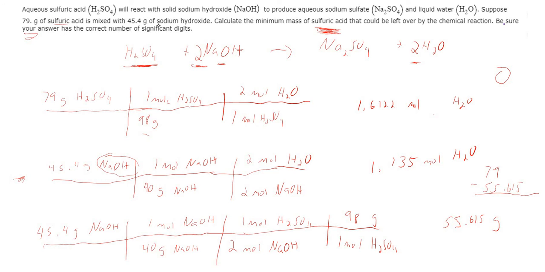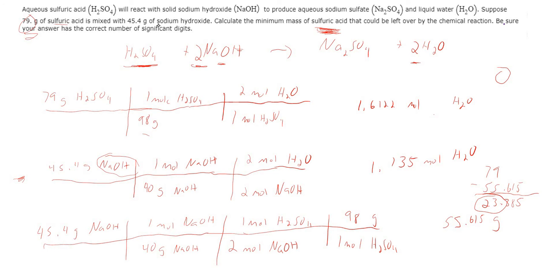I have 79 minus 55.615 equals 23.385. And when I account for sig figs, which are going to be 2, because I have 2 right there, my answer is going to be 23 grams left over.